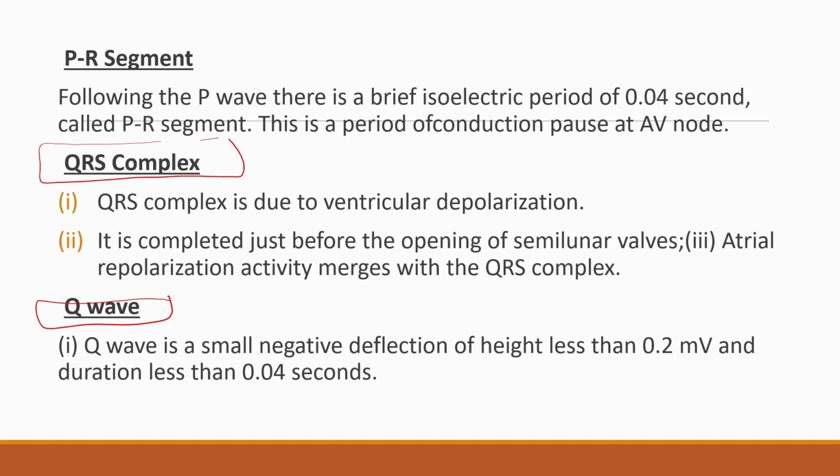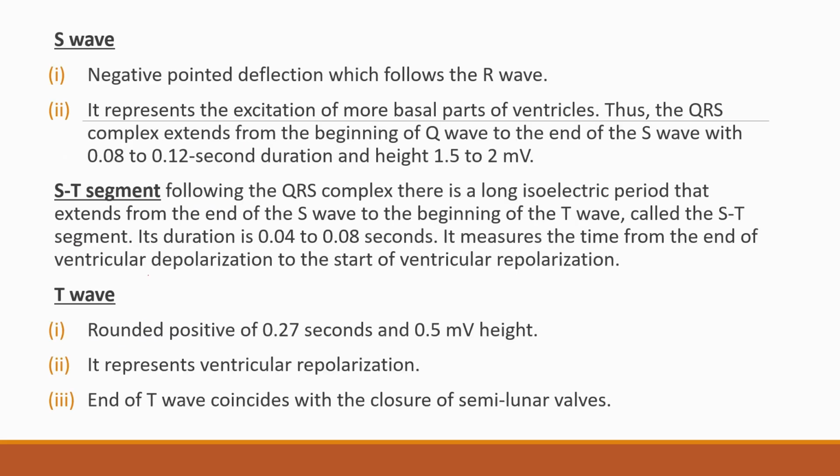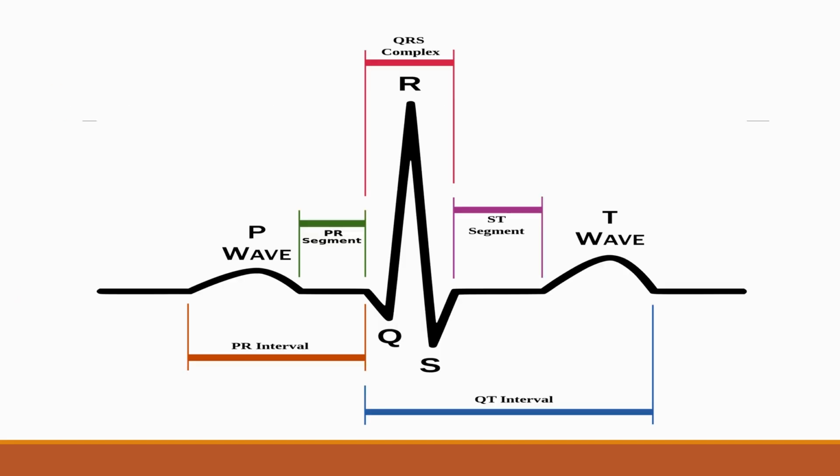Other segments can be ignored, but try to mention those 3 major points. Clear? This is the T wave that I am talking about. We'll provide you the PDF of these slides. So please note down such important points in your note copy.